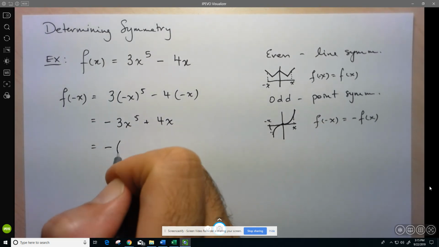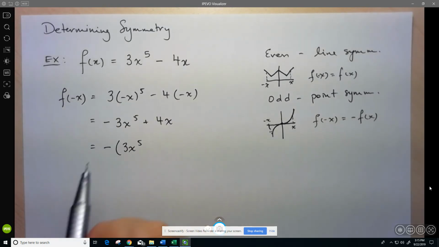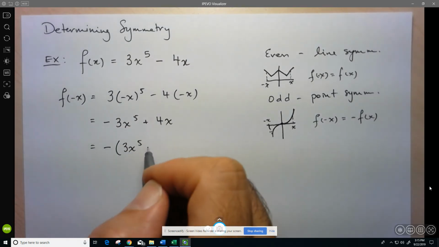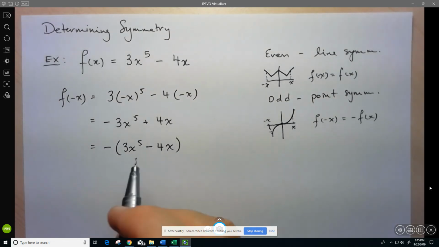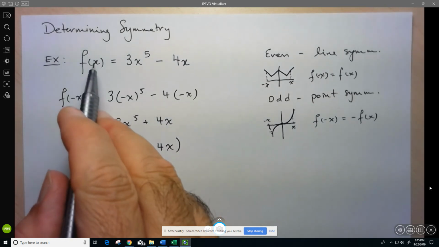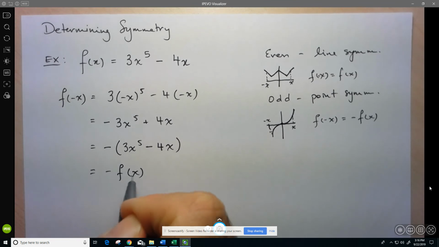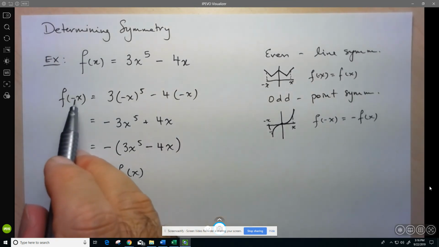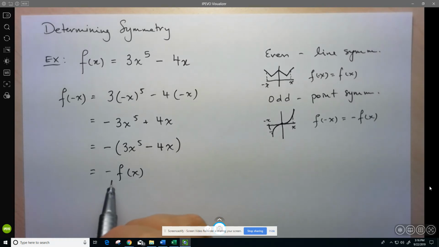Let's do that, factor out the negative 1, but of course I can't just factor it out from the first term, I have to do it from both, and so here I'm left with minus 4x. This is where we realize that the expression inside the bracket is exactly equal to f at x. So what I've shown is that f at negative x, regardless of what the value of x is, is always going to be equal to the negative of the original function.